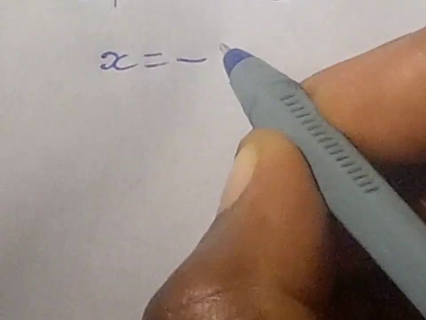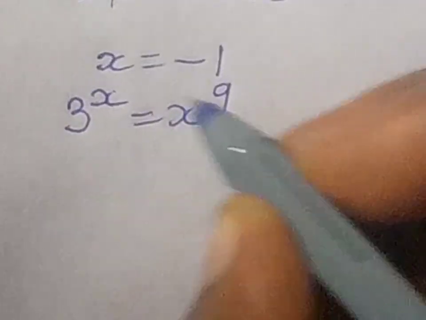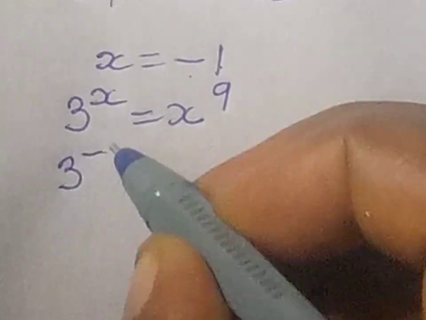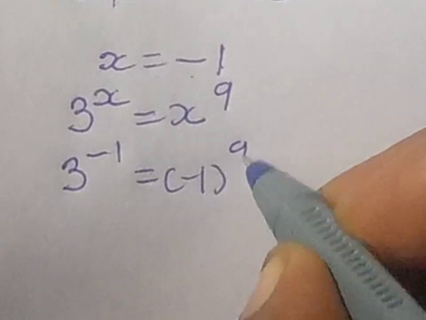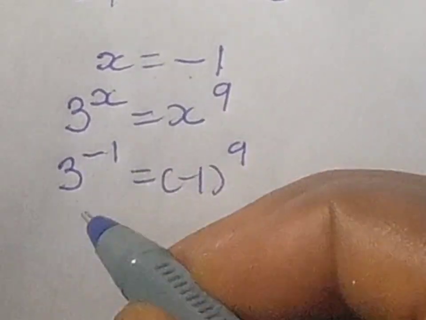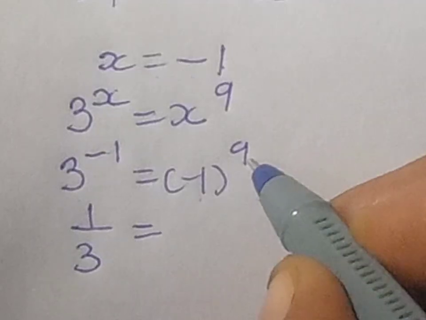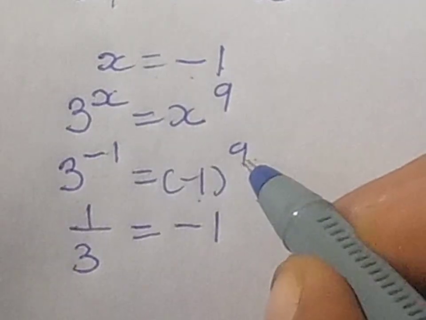Now let's try a negative value. That is, if x equals minus 1. Our equation again, 3 raised to the power of x equals x raised to the power of 9, where x equals minus 1. So we have it as 3 raised to the power of minus 1 equals minus 1 raised to the power of 9. 3 raised to the power of minus 1 means 1 divided by 3, and minus 1 raised to the power of 9 will give us minus 1 because the exponent here is an odd number.